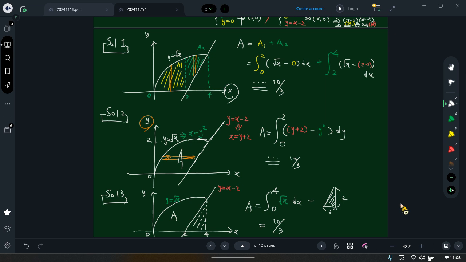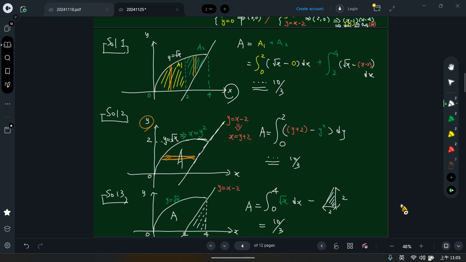So divide it into A1 part and A2 part, because A1 is bounded by y is equal to square root of x, and the lower bound is 0. But for the second part, its upper bound is still y is equal to square root of x, but its lower bound will be x minus 2, right?